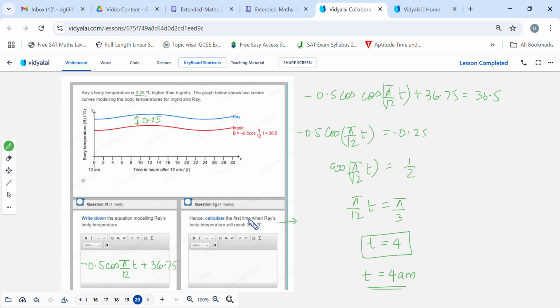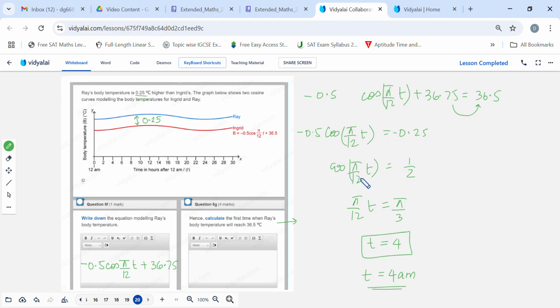So negative 0.5 cos pi by 12 t plus 36.75 is equal to 36.5. Taking 36.75 to the right side, we will get minus 0.5 cos pi by 12 t equals negative 0.25. Dividing minus 0.25 by minus 0.5, we'll get half.